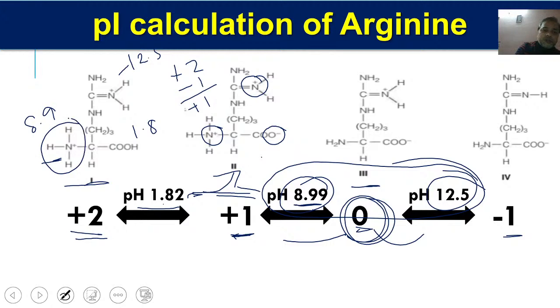Here you have 3 protons on N positive, 1 proton has been released, so it becomes NH2, meaning now it is having only 1 positive, 1 negative. So 1 positive, 1 negative means overall charge is 0. I have written it.